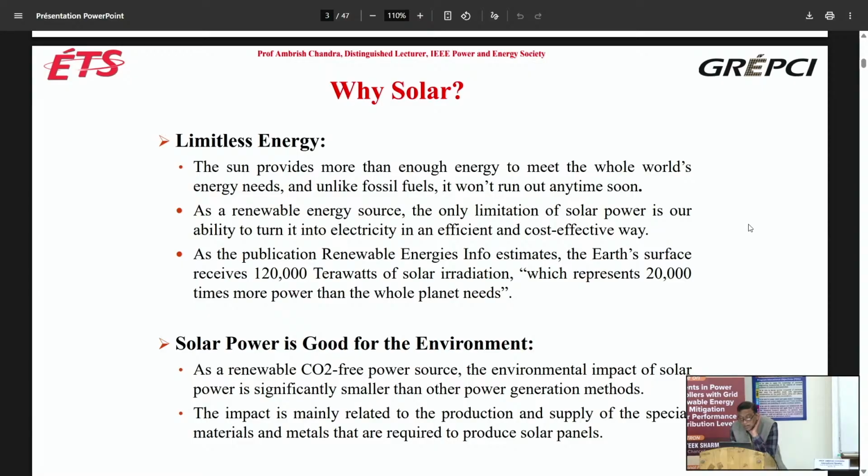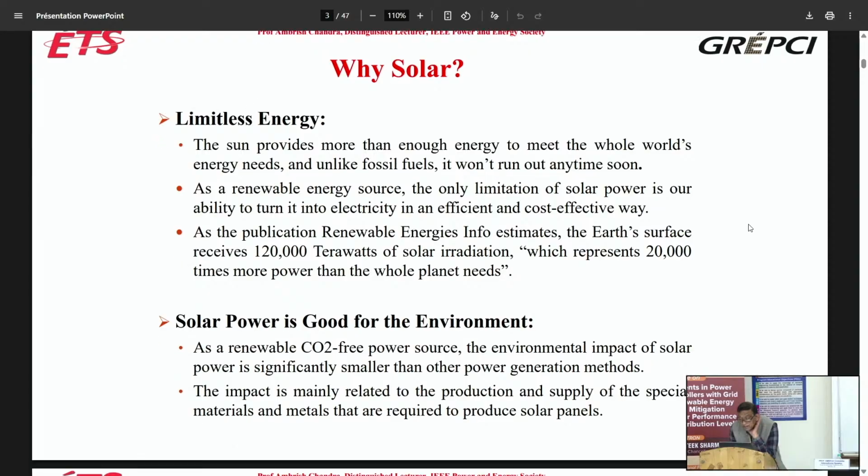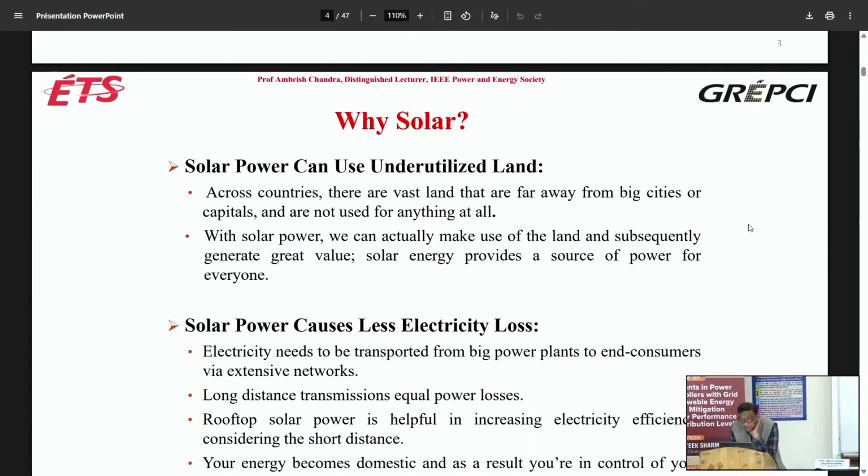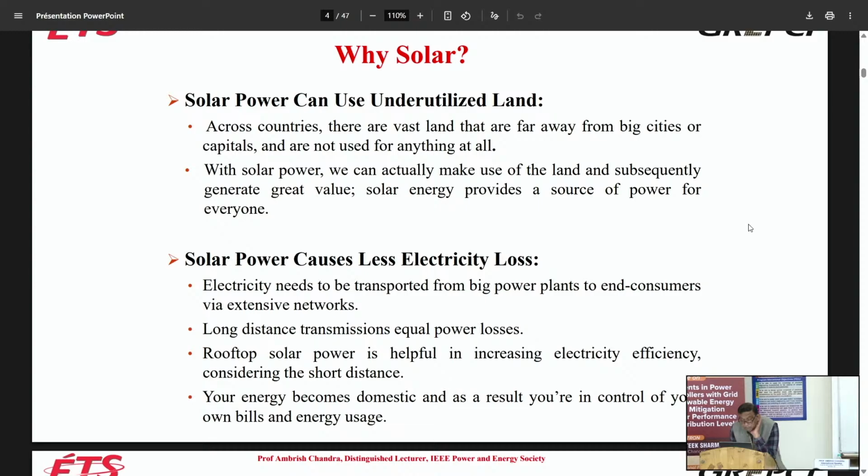Solar power can use underutilized land. Across countries, there is vast land far away from big cities and capitals. So with solar power, we can make use of that land and generate great value. Solar power also causes less electricity loss, because electricity needs to be transported from big power plants through thousands of kilometers of transmission lines, so there are losses.